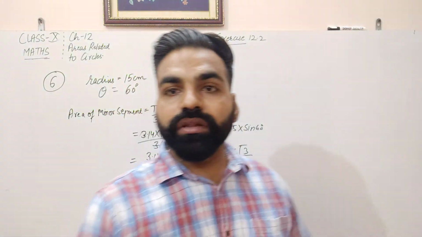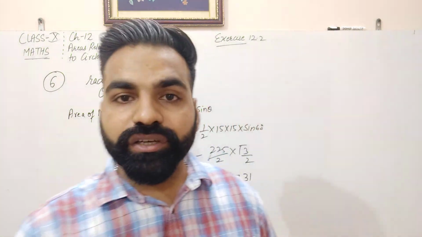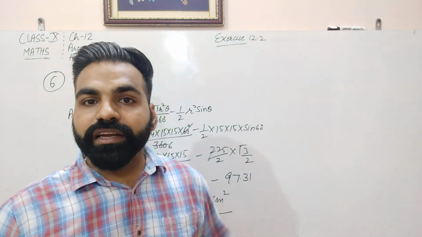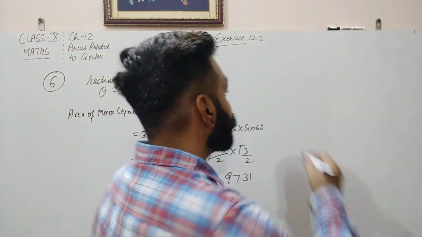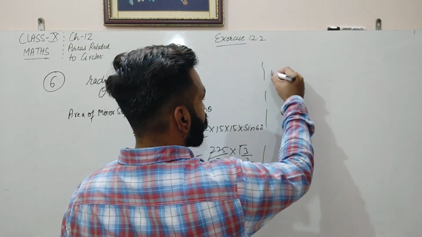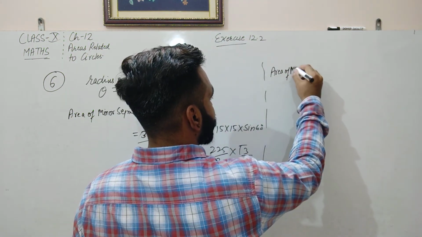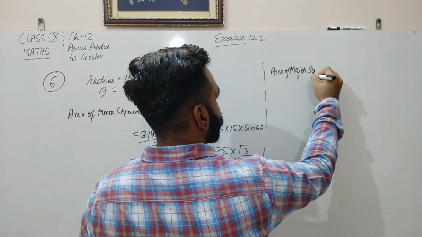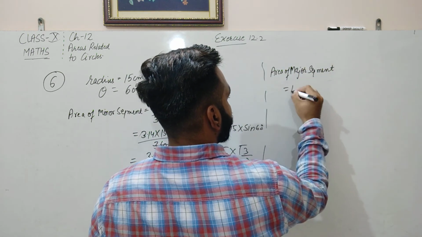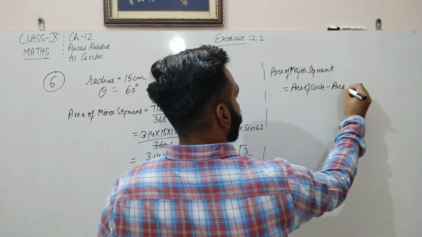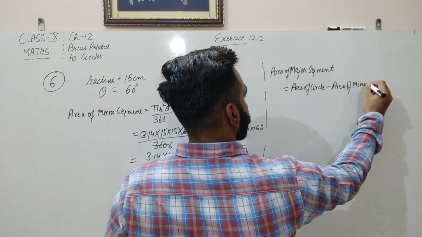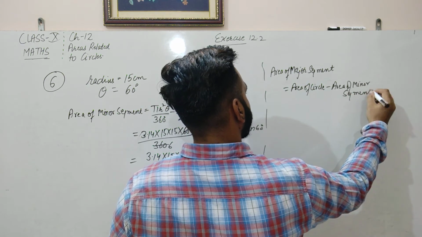Now we have to calculate area of the major segment. I already told you that if we subtract the area of minor segment from the area of the circle, we find the area of the major segment. So to find area of major segment, we will write area of circle minus area of minor segment.